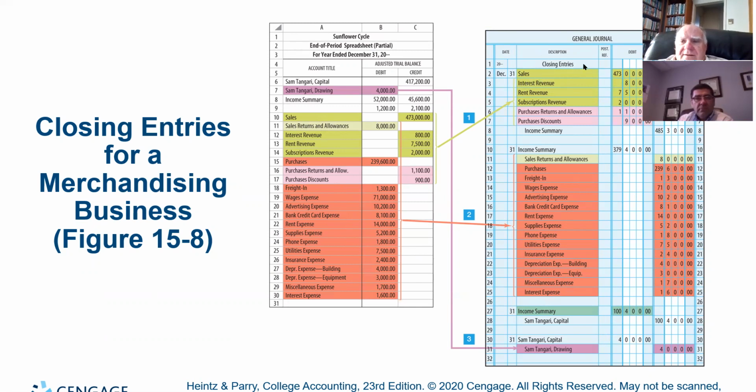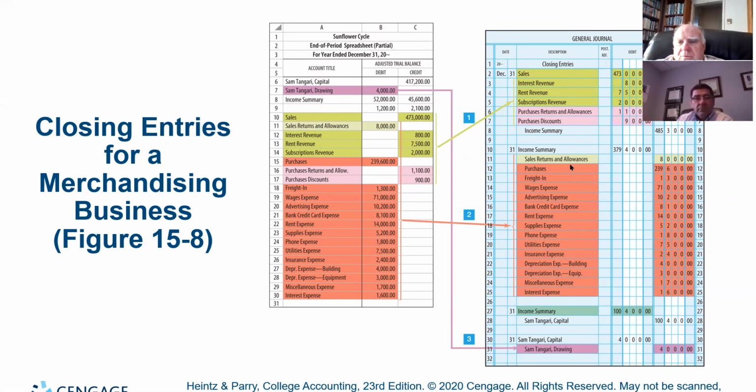Step 1, debit all of your revenue accounts or any income statement account that has a normal credit balance. We debit all of these and we credit that to the income summary. So the balance of the income summary at this time represents just our sales.